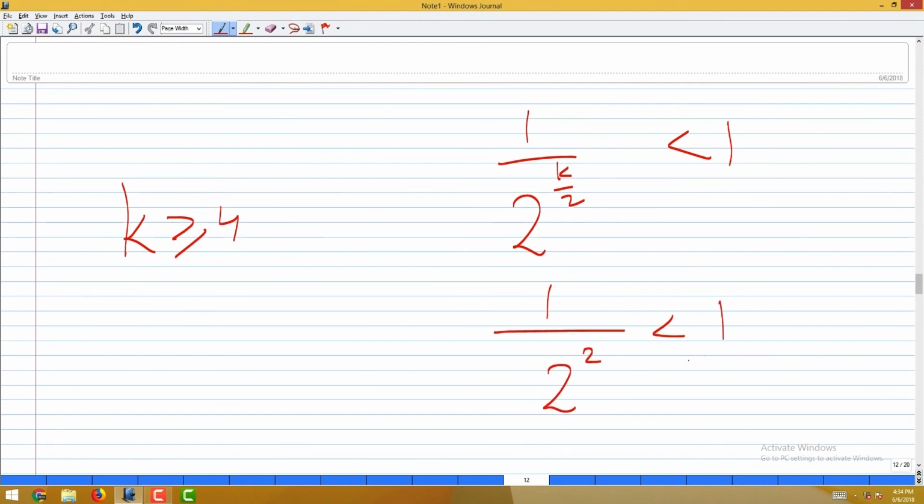It is definitely less than 1, it is less than or equal to 1 by 4, right, isn't it? Sorry, less than 1 by 2. There is a 2 term there.